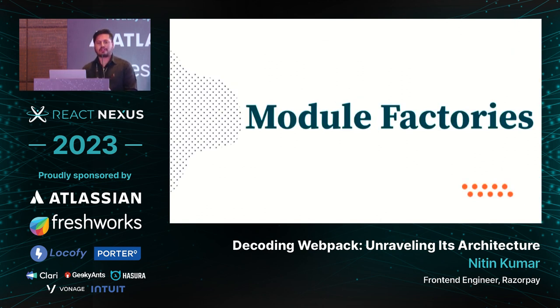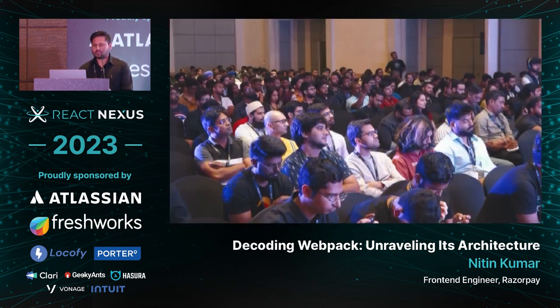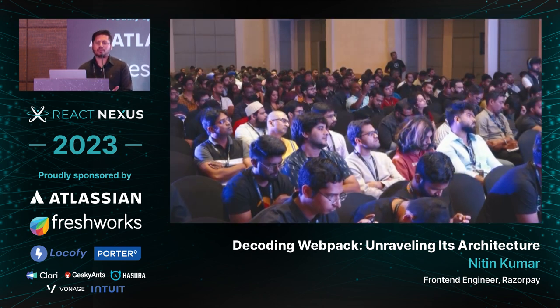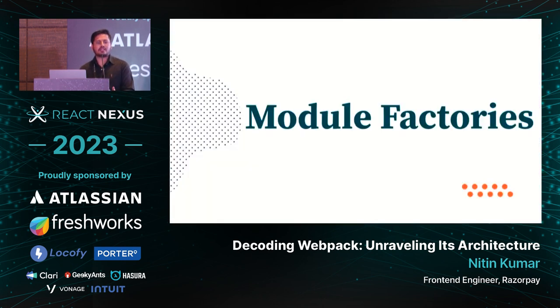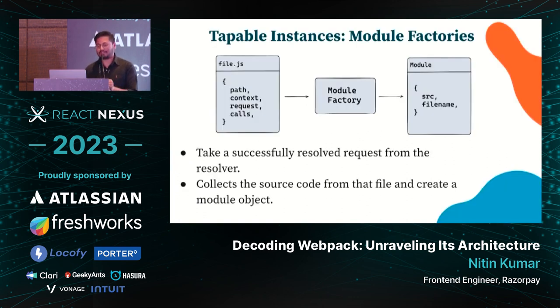Next is module factories. Angular also has this concept of module factories. So has anyone here used Angular? Yeah, good, great. No shame in that. So what a module factory does is take one object and return another object. What module factories in Webpack do is take a successfully resolved request which has the full absolute path of the file.